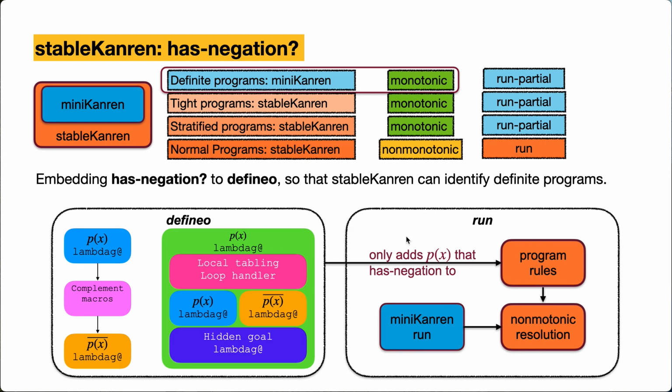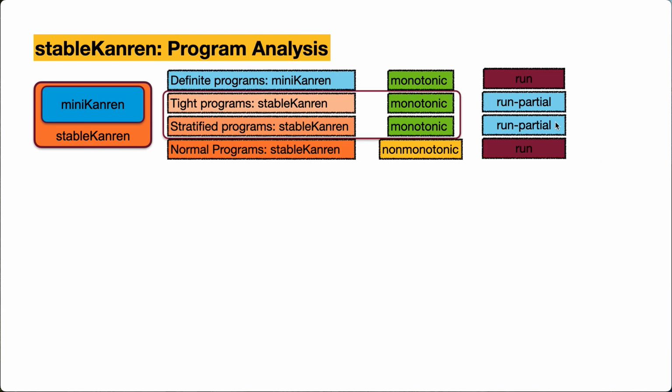If there's no negation, we will not run the non-monotonic resolution on it. So in this case, our updated run interface is capable of handling this kind of program now. And the same thing, this updated interface can handle the normal program for sure.